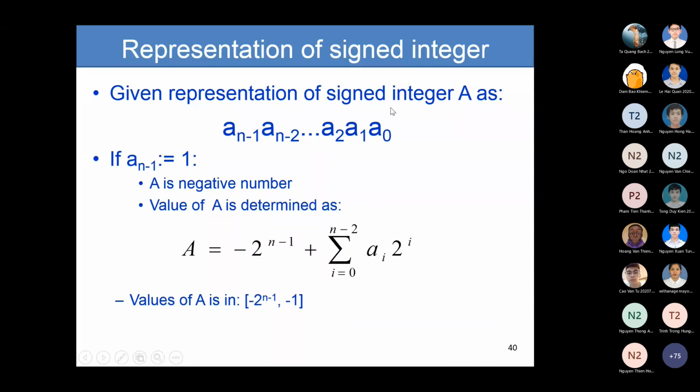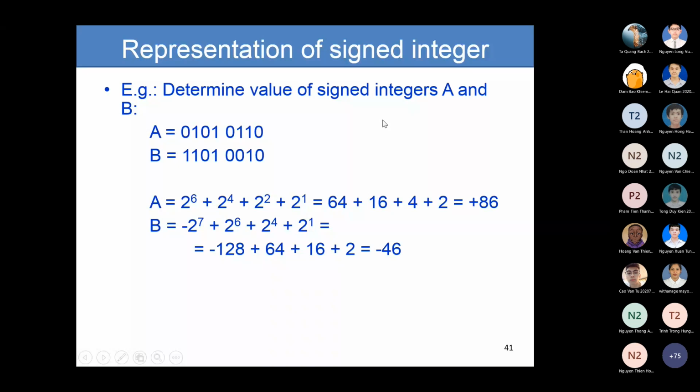Okay, example. Given two examples, A and B, which are representations of numbers in the computer, numbers with sign. You can easily know that A is a positive and B is a negative number. To find the values of A and B, we need to index the digits from right to left.